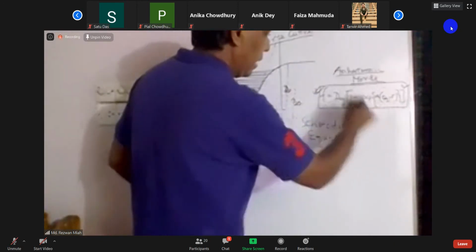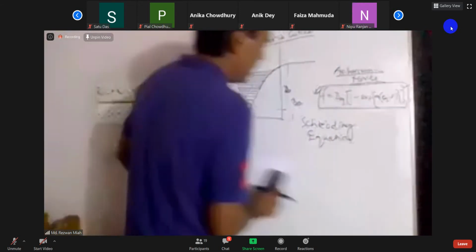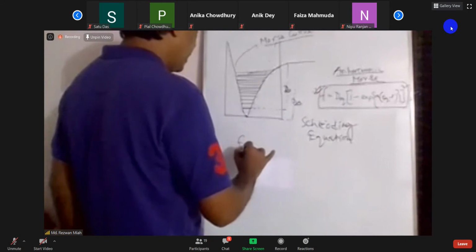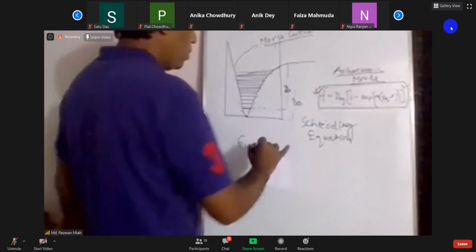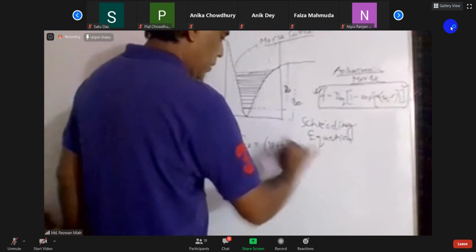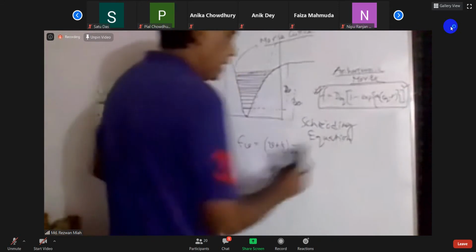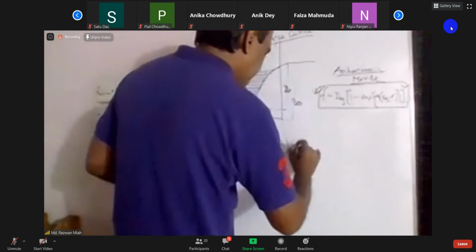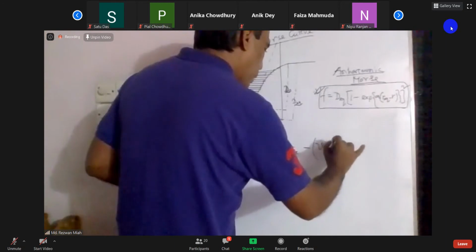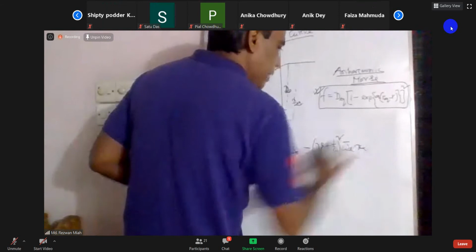If we put this potential in the Schrödinger equation and solve it for vibrational energy, we obtain the energy given by E_v = (v + 1/2) ω̄_e minus (v + 1/2) whole squared ω̄_e x_e, another term x.